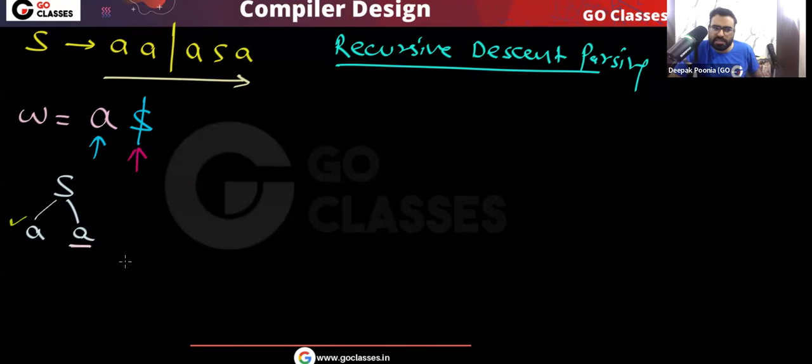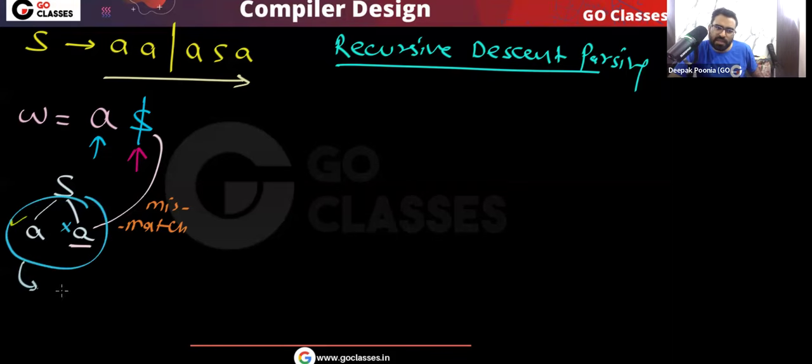But this a is a terminal and the input is dollar, so they are not matching. There is a mismatch here, so I put a small cross mark: this production has become unsuccessful.